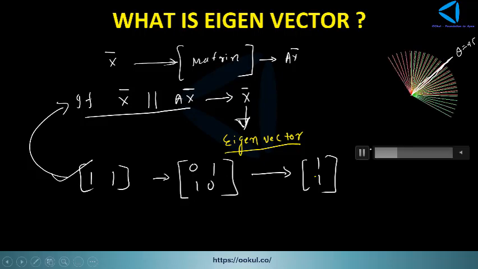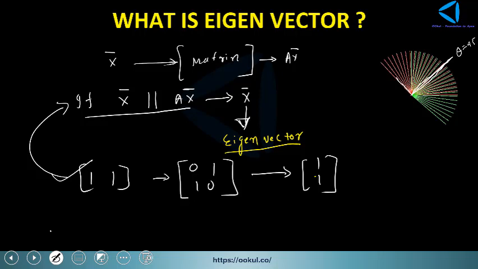So the red one is your input. If you look a little bit earlier, whatever this input is, the output is your green one. If you say theta is 135 degrees, right?